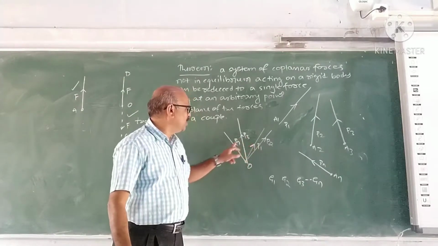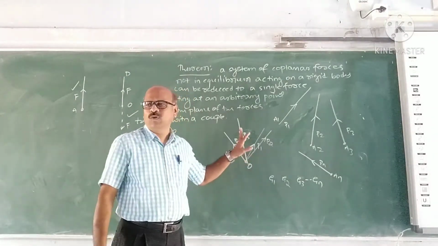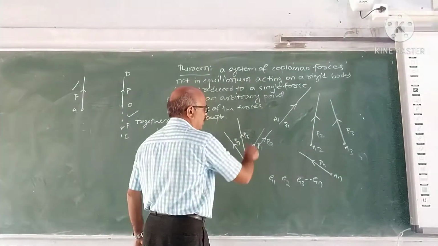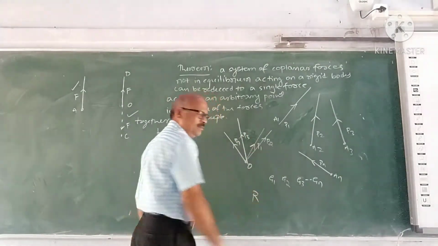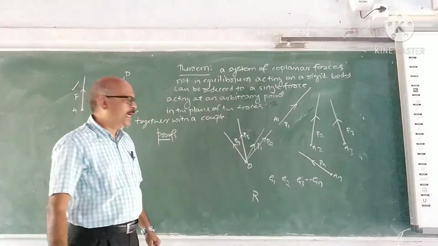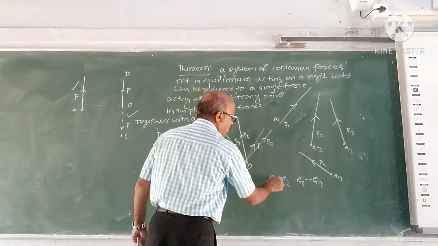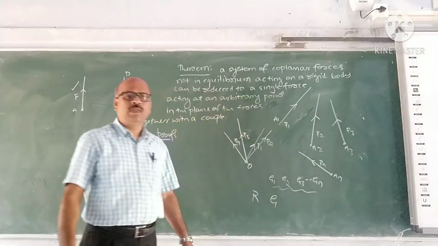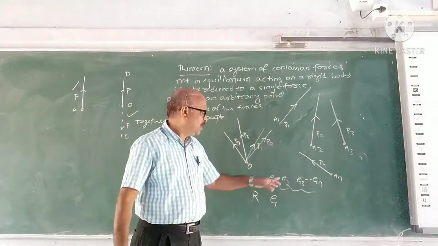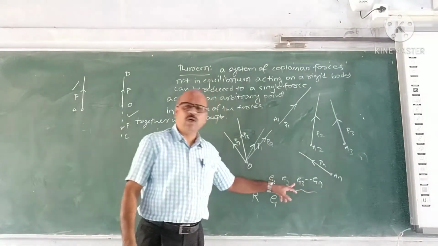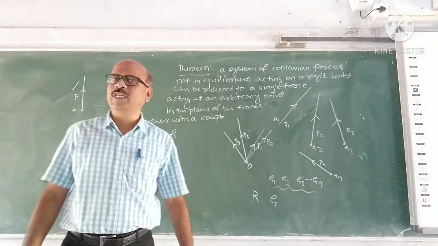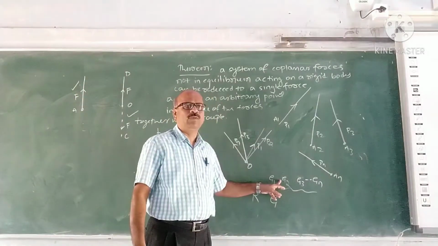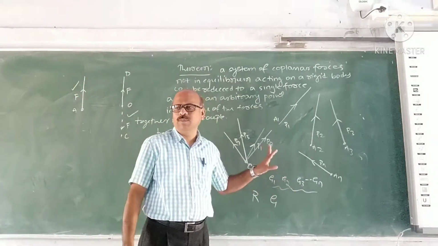Then the resultant of these concurrent forces will be a single force, say R. And all the couples, moment of all the couples is again a single couple. This also you have studied. Moment of two couples is equal to a single couple, whose moment is same as algebraic sum of the moments of these constituent couples.